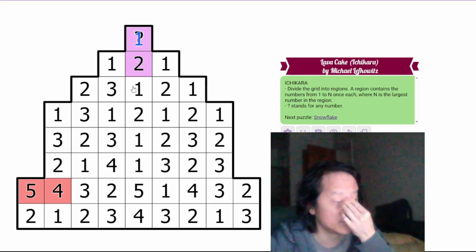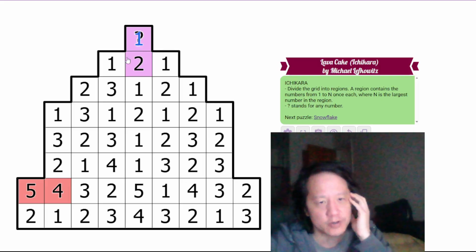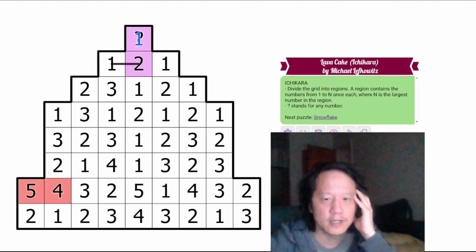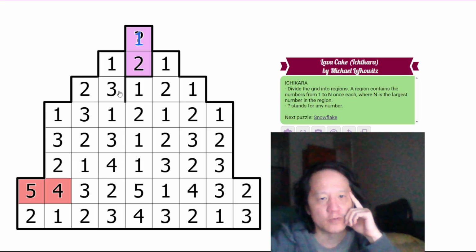So every 2 is already taking a 1 with it in its region. We know there's a boundary here, here, and here, because this has to be 1 and 2. So this must be part of a region, and this must be 1 and 2. This is 1, 3. It cannot be with 1, so this must be 1, 3, and 2 here.